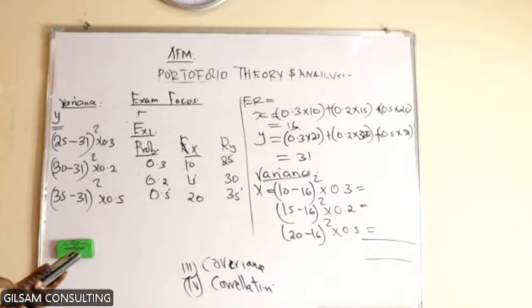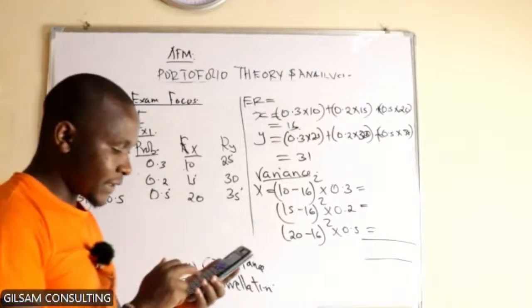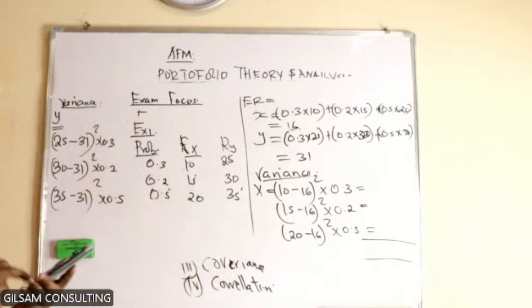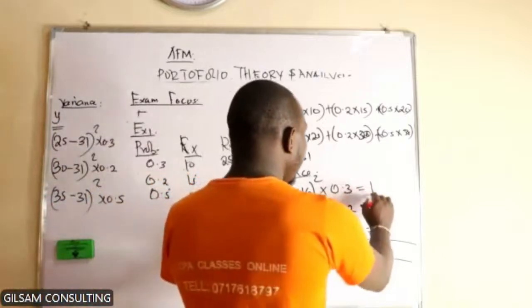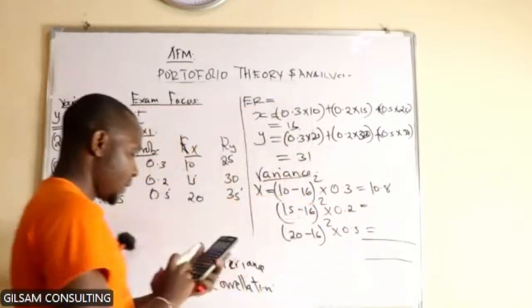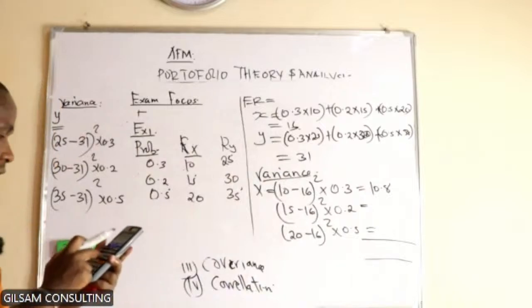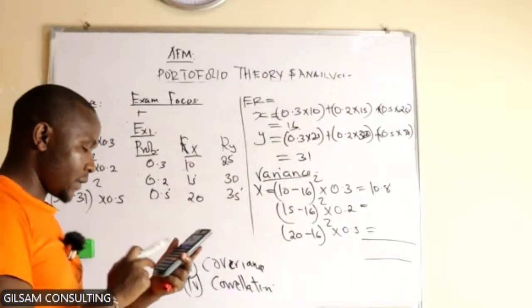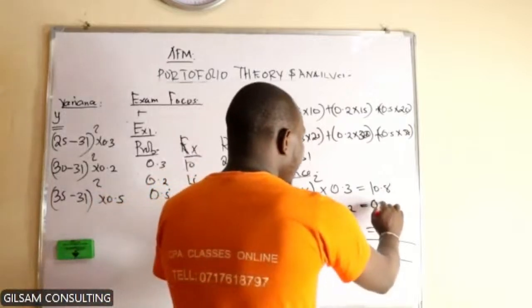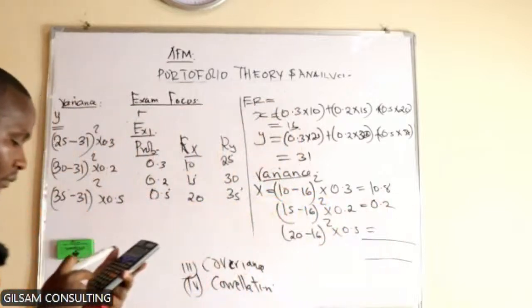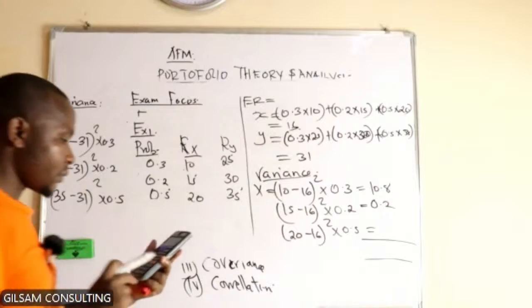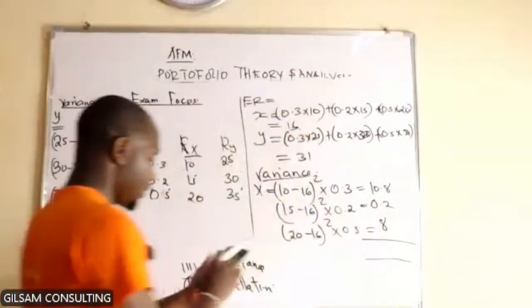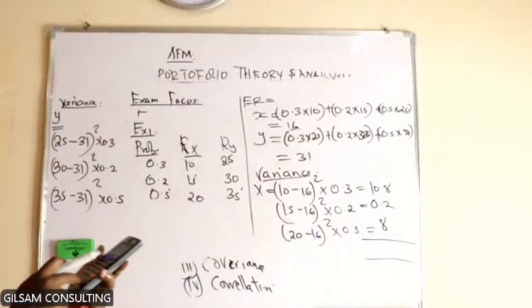With the calculator, open the bracket: 10 minus 16 squared multiplied by 0.3. What was the expected return for y? 14.85.